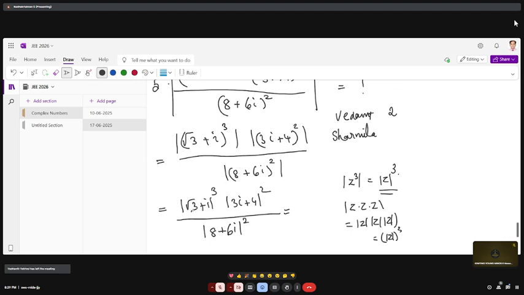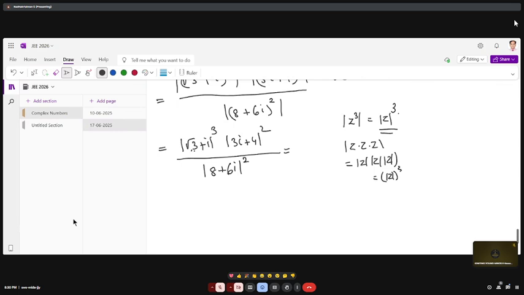Now, like I was saying, the modulus of root 3 plus i we can easily determine. That will be the square root of root 3 square plus 1 square. The root 3 square is 3, square root of 3 plus 1, square root of 4, which is 2.